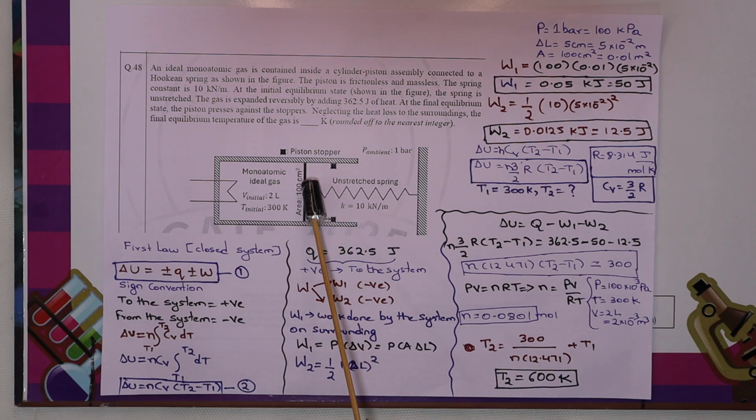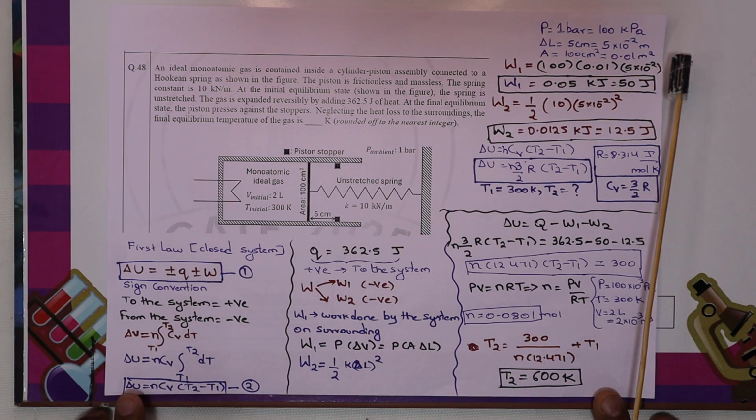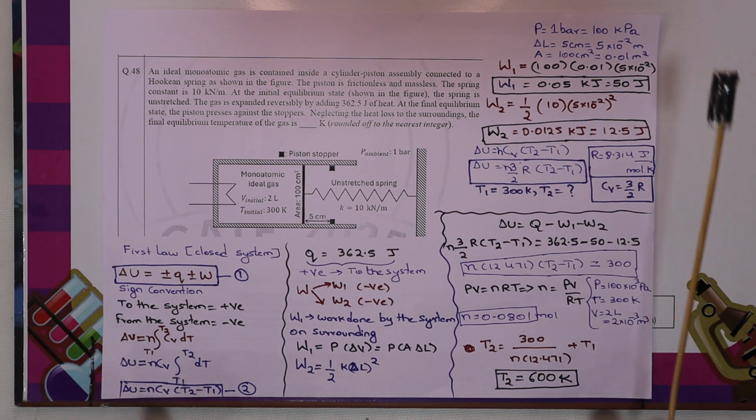The piston passes through a certain distance and it will stop at this particular point. If that is the case, you have to find out after stretching what will be the final temperature of this gas. The distance it has moved is 5 centimeters.